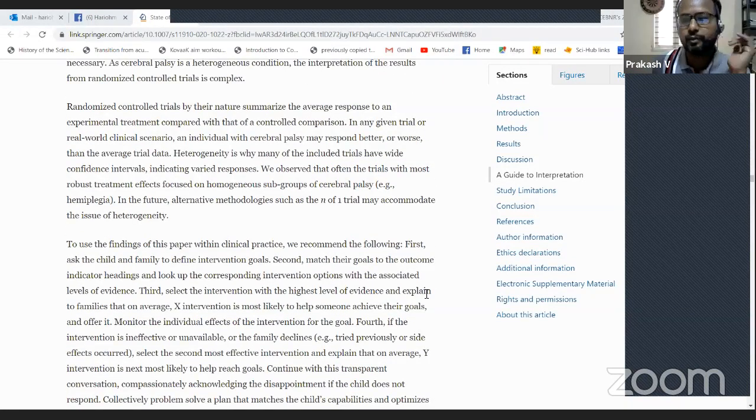Yeah. Okay, fine. So basically, every time we are asking a question, this treatment is effective, that treatment is effective, and so on. This systematic review answers most of those questions related to cerebral palsy, right?